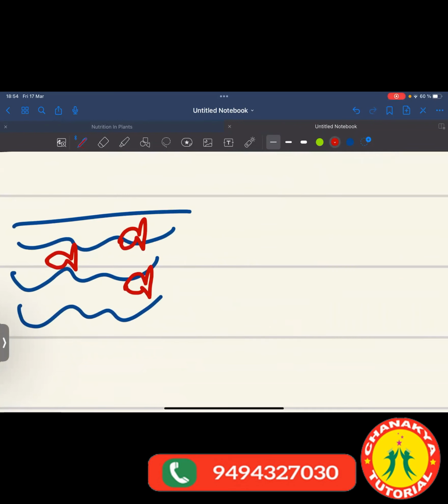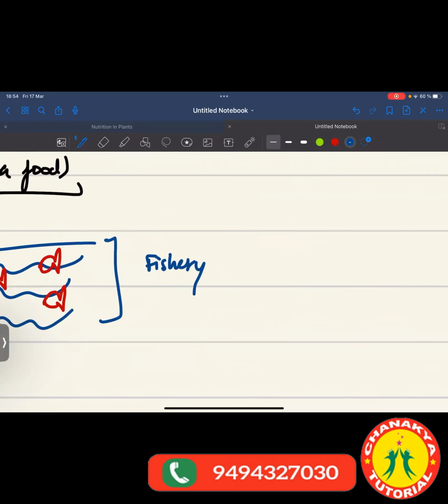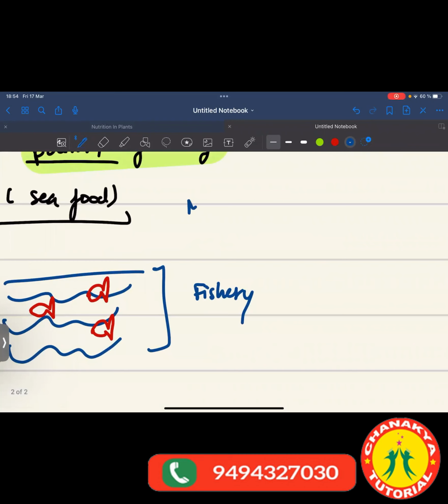Okay, so this is known as fishery, or it is known as marine culture. All right, so these are the different components that we get from the animals.